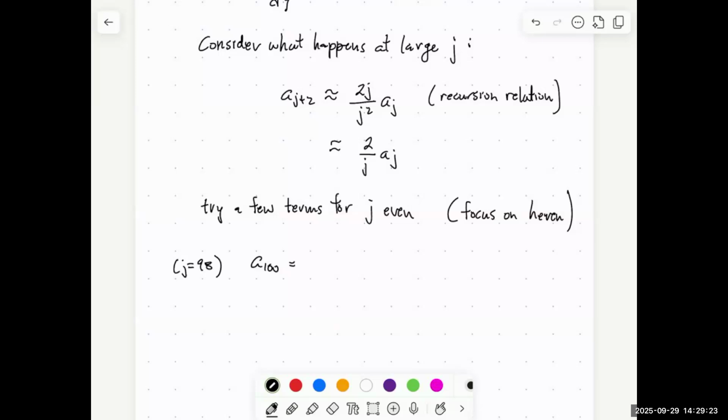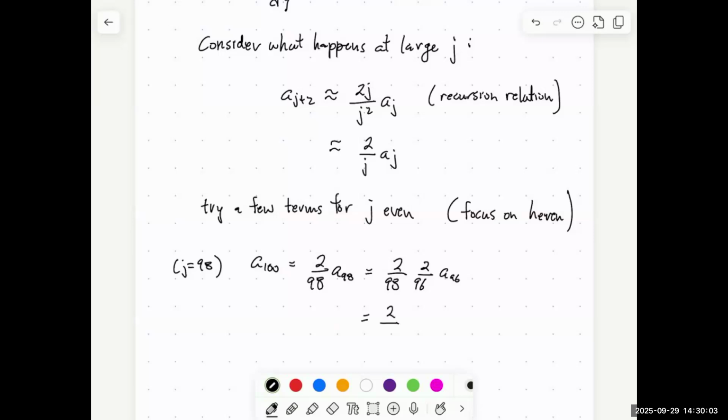So it's going to be 2 over 98 times a_98. But if I put in J plus 2 is 98, then I get 96 here. I'll get 2 over 96, a_96 for a_98. And so I could write this as 2 over 98 times 2 over 96 a_96. But for a_96, I could write that as 2 over 94, a_94.